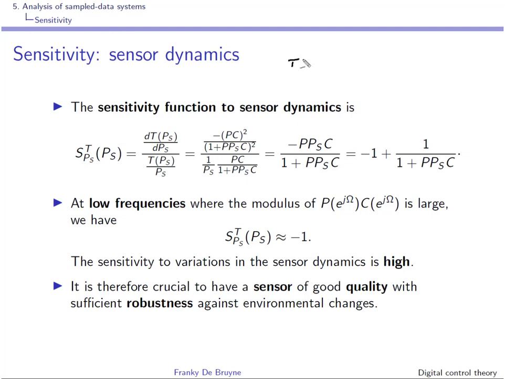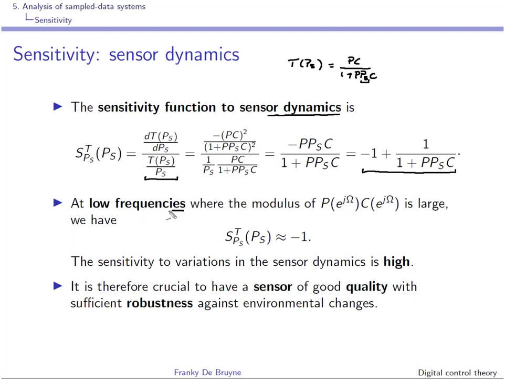We consider the following transfer function, PC over 1 plus P PSC, and here this is really the dynamics of the sensor. If you compute the sensitivity to sensor dynamics, it's just a matter of applying the definition and going through the calculations. I will leave them, but you can rewrite this sensitivity as follows.